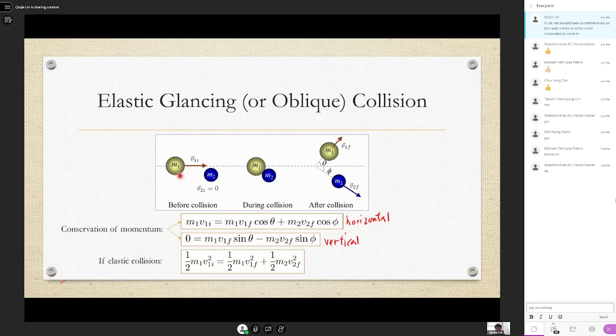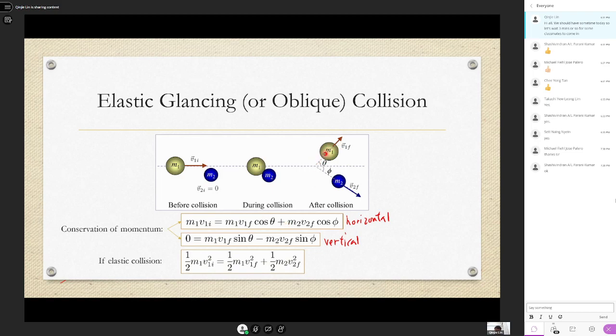For horizontal, we ask ourselves, at the start, what do we have? We only have M1 V1I, which is nicely in the horizontal direction. That's why it's down here. And M2 is not moving, that's why it's not here. They must equal the momentum of the final two added together.